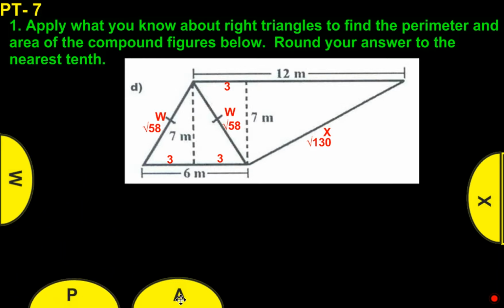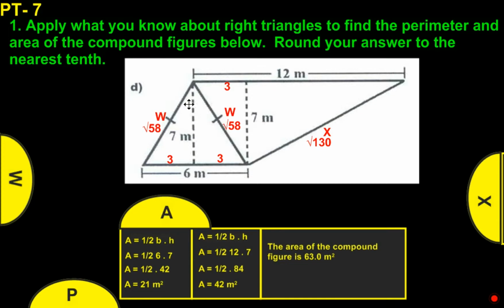To find the area, you can see we have two triangles here, and we'll focus on both of those. So the first triangle right here, we have a height of 7 and a base of 6. Using the formula, area equals 1/2 base times height. So we have area equals 1/2 times 6 times 7, or 1/2 of 42, which is 21 meters squared.